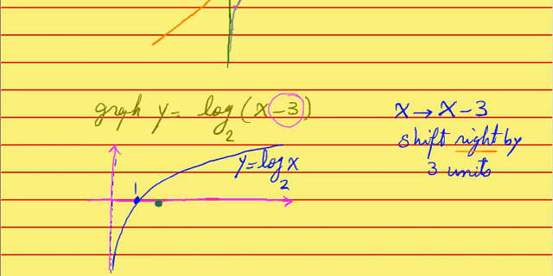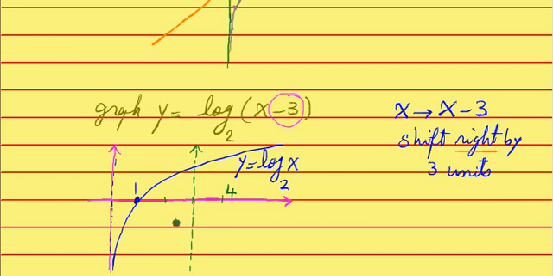So if you go 3 units to the right, how can we show that clearly? Let's take a look at important points. Like at this point 1 is going to go to 1, 2, 3, and 4. That's the new location of the x-intercept. This vertical asymptote that was at 0 is going to move to the right also. That's going to be at 3.